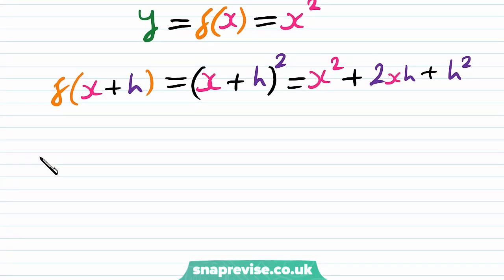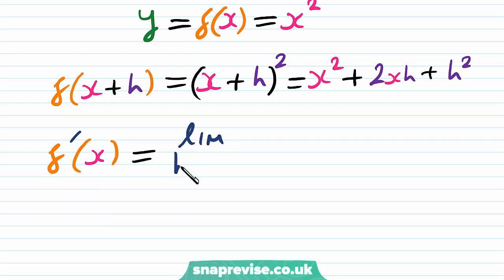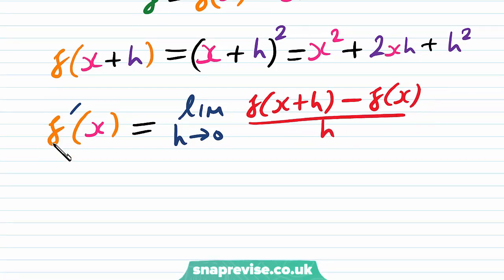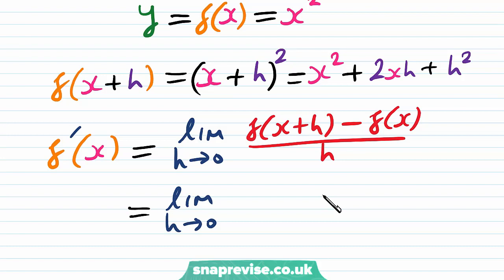And so now if we want to find our derivative f prime of x, then of course we look at the limit as h tends to 0 of f of x plus h minus f of x divided by h. Then by substituting in, we get the limit as h tends to 0 of, well, f of x plus h is x squared plus 2xh plus h squared.